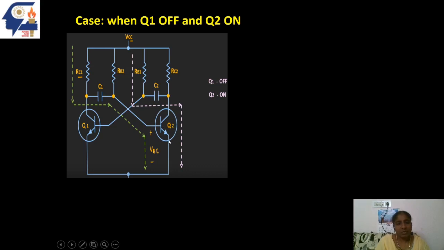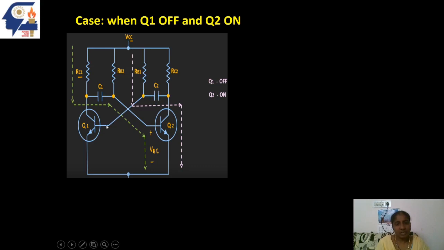Now the voltage level at C1 will be VCC minus VBE, and the C2 capacitor, as Q2 is in the on state, is short circuited. One point is connected to ground, and now C2 will try to charge to VCC, and on the way when it crosses 0.7 volts, it will switch on the Q1 transistor.